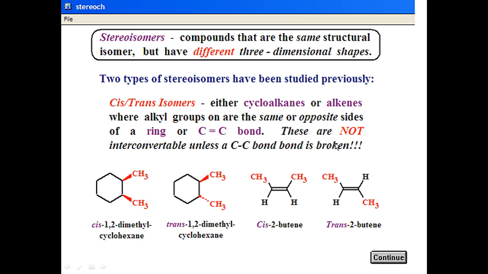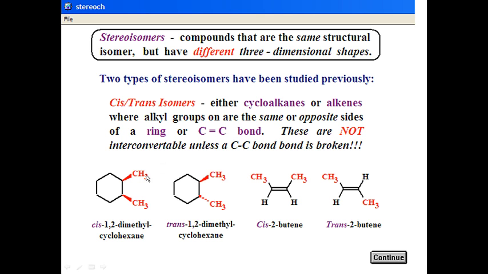We also talked about cis-trans isomers, and we talked about cis-trans isomers of cyclohexane. And for the cycloalkanes, that's a different type of stereoisomer where you cannot interconvert by rotation around the single bond.